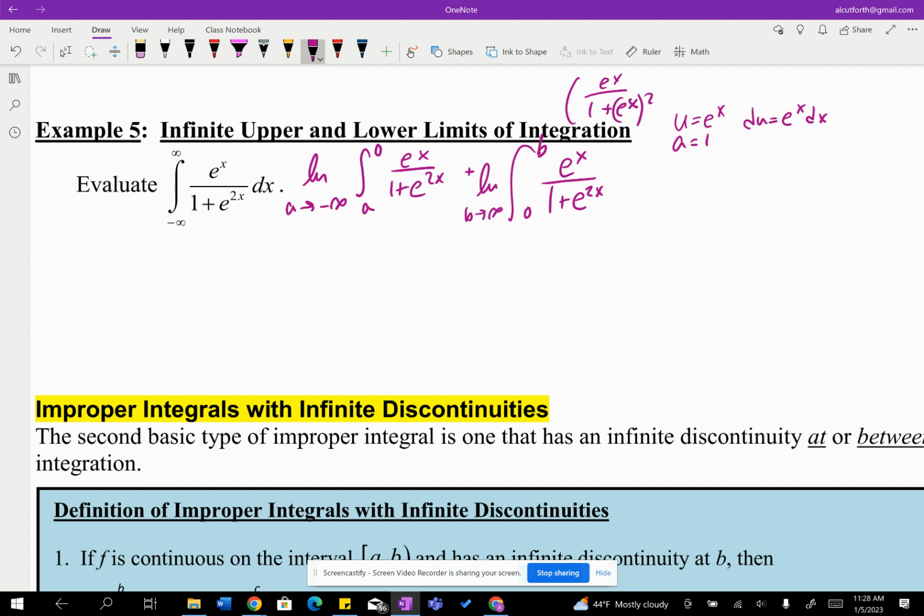So these are going to be the limit as a approaches negative infinity. So the antiderivative will be arctangent of e to the x, since u is e to the x, and a is just 1, so that's it. Evaluated at a and 0, plus the limit as b approaches infinity of arctangent e to the x.